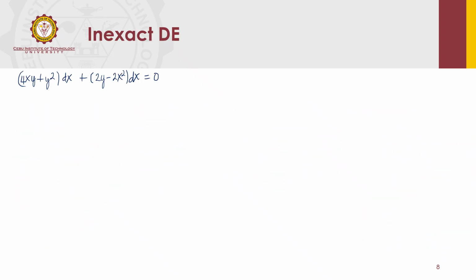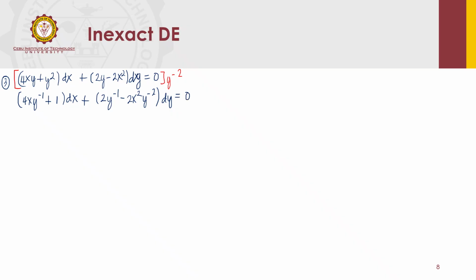So step 3 is we're going to multiply the whole equation by the integrating factor, y to the negative 2. So for 4xy times y to the negative 2, that's 4xy to the negative 1. And then y to the power of 2 times y to the power of negative 2 is y to the 0, or just 1. And then for the second term, that's 2y to the negative 1 minus 2x squared y to the negative 2, dy, and then equals 0.